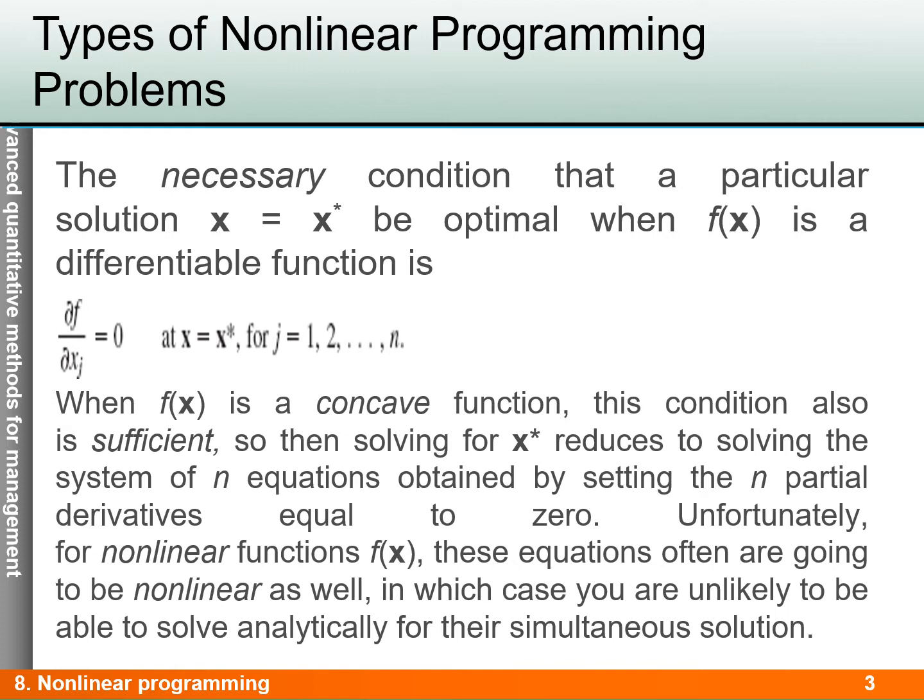That means the derivative of f with respect to xj equals 0 at x equal to x star for j from 1, 2 to n. So one important item: when f(x) is a concave function, this condition also is sufficient. So then solving for x star reduces to solving the system of n equations obtained by setting the n partial derivatives equal to 0.